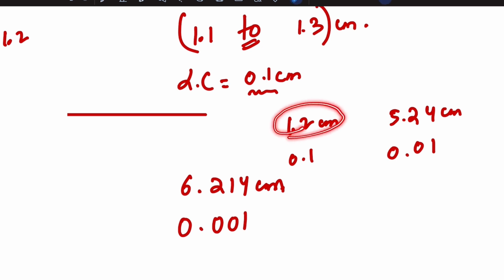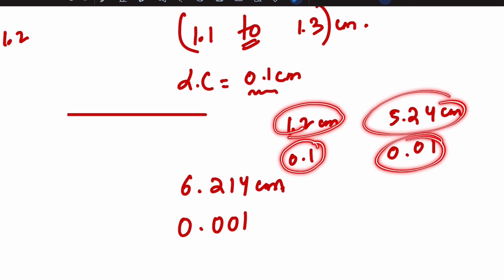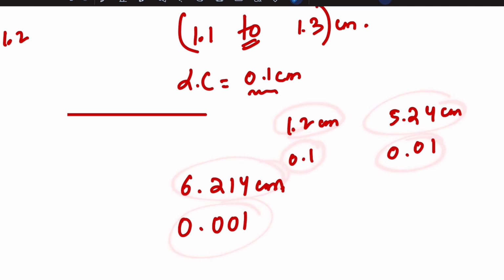Now the pattern: the last digit becomes 1, the remaining digits are all converted into zeros, and you put the decimal in the same place.